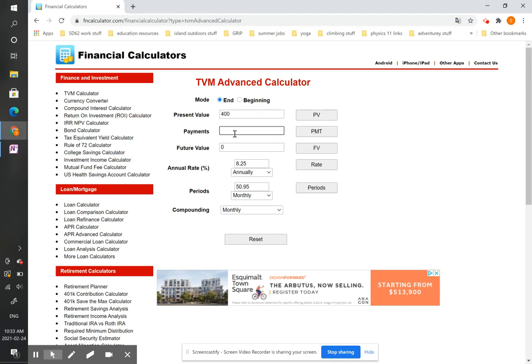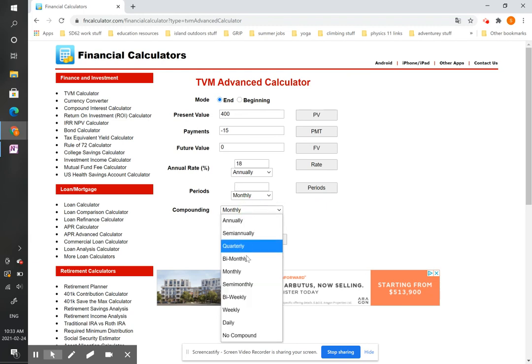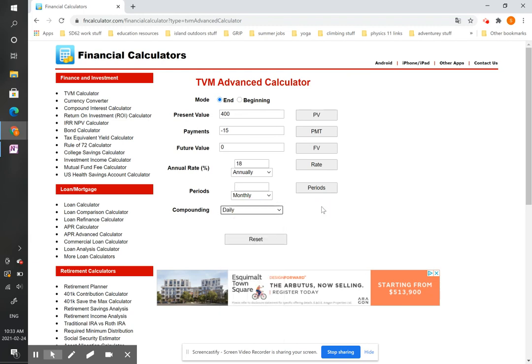So she's making payments of $15, negative 15. She wants her future value to be 0. She's paying 18% annually. We don't know this, and we're compounding daily. So if we leave it at end, let's see the difference. 34.39.